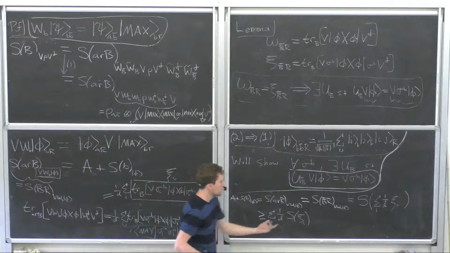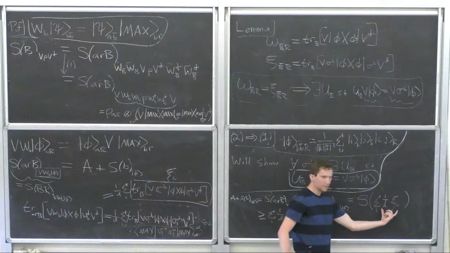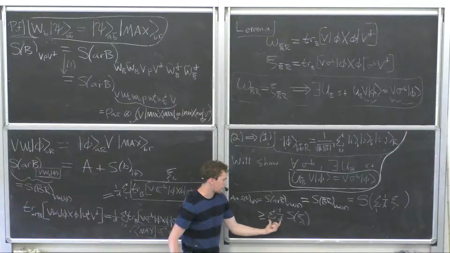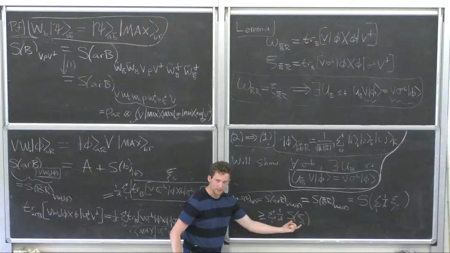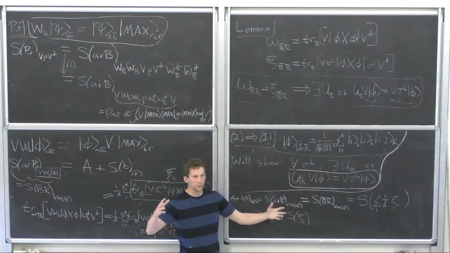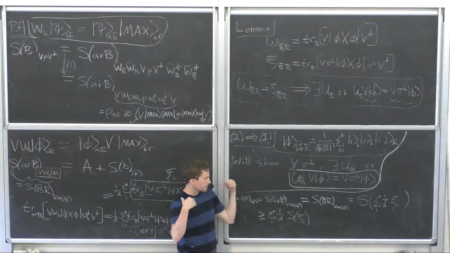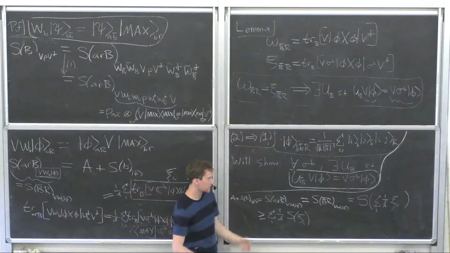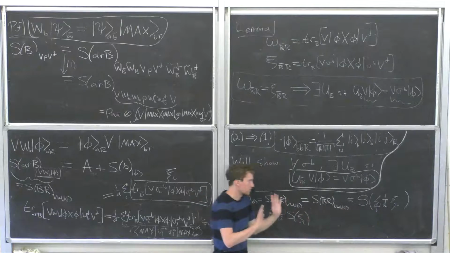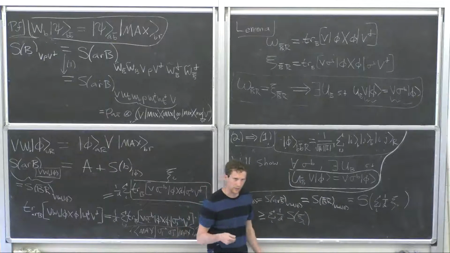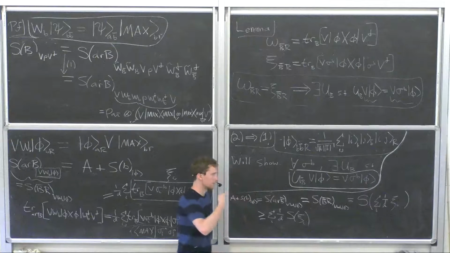The entropy of a mixture of density matrices is in general greater than or equal to the average of the entropies of the density matrices. I think Jeff mentioned it in one of his lectures, but the intuition is that the entropy of the average is greater than the average of the entropies, because there's some uncertainty about which state you have, and the uncertainty adds to the entropy.